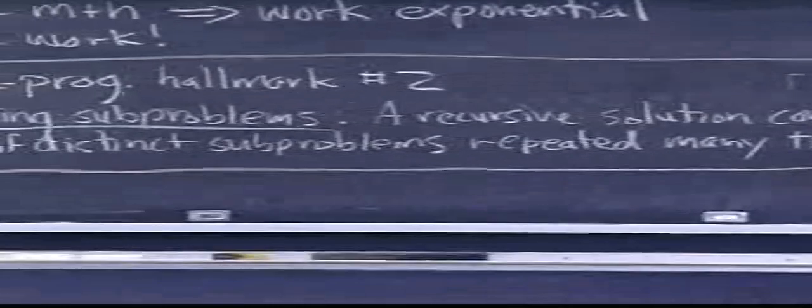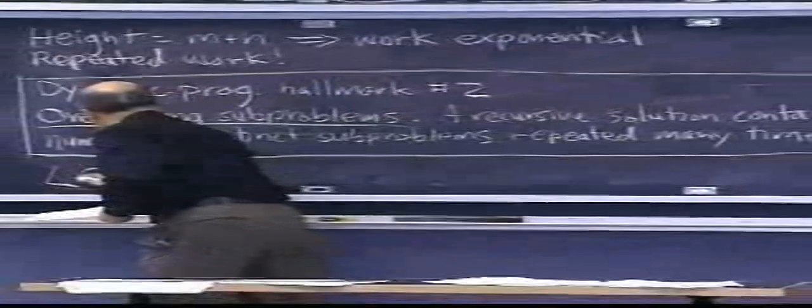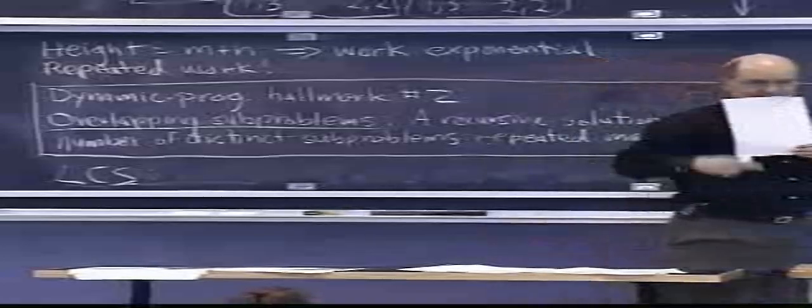Okay, so we have two hallmarks. So we have overlapping subproblems. For longest common subsequence, how many subproblems do we have? m times n.